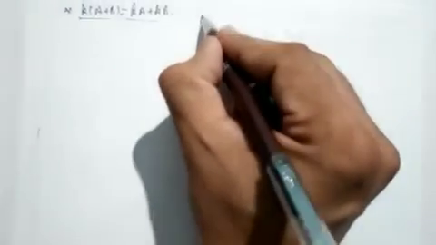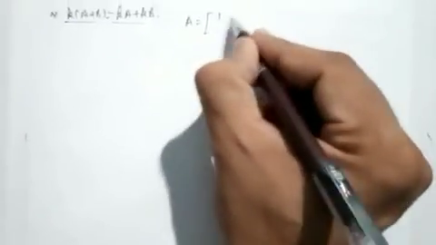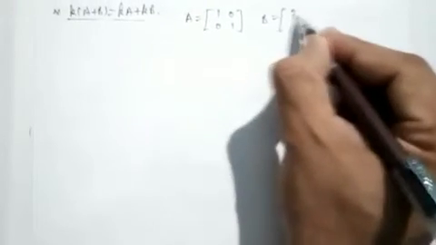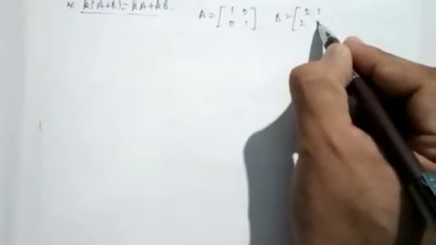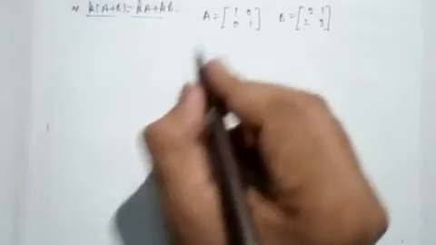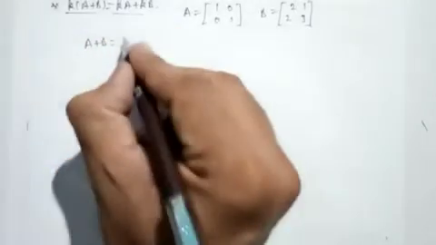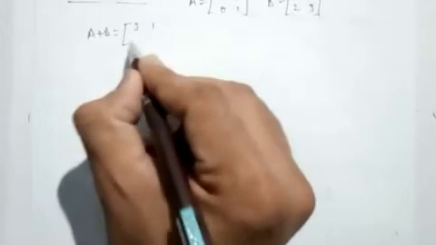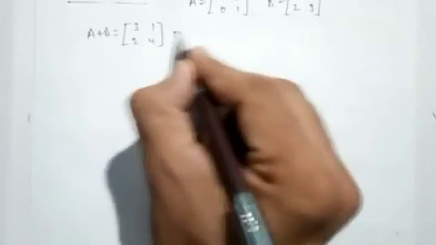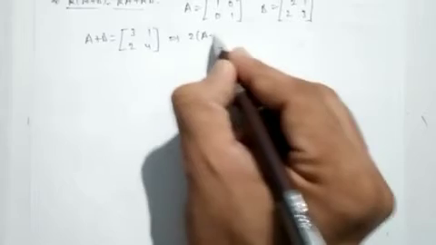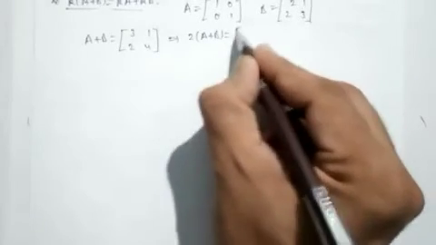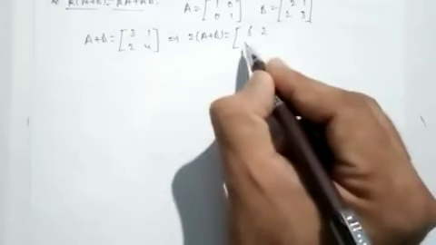For example, A matrix is 1 0 0 1, B matrix is 2 1 2 3. Clear? If we find A plus B, A plus B is 3 1 2 4. Then we find 2 into A plus B. 2 into A plus B is 6 2 4 8.